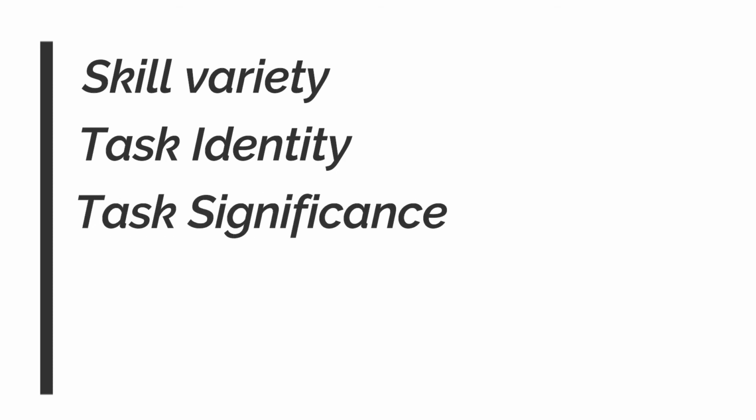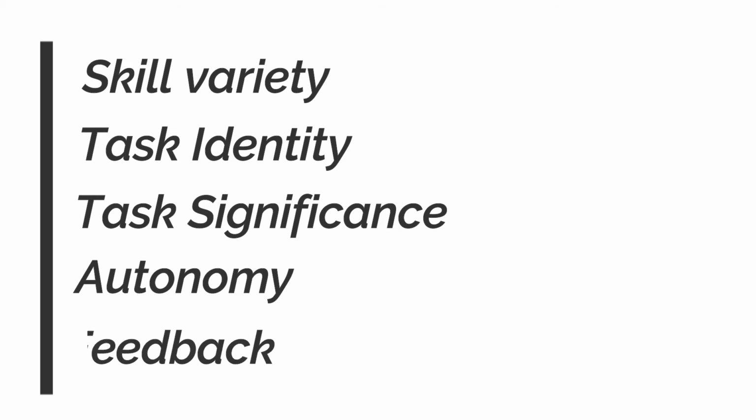Next, task significance: how important is the job to other people? What impact does it create on their lives? The next, autonomy: does the job offer freedom and independence to the individual performing it? And next is feedback. Feedback is necessary for improving performance.